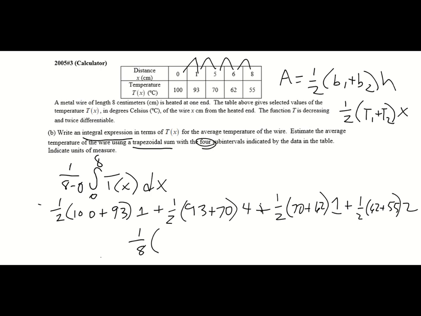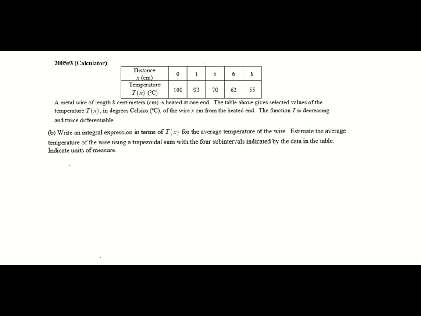So I'm going to say this is the area under the curve, and 1/8 times that area will be the answer. So 75.688 would be the answer. And then it says indicate units of measure. This is average temperature. The temperature is in degrees Celsius.